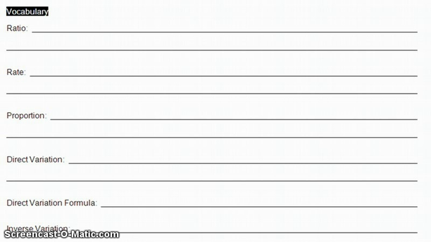All right, we're going to start this note-taking guide off with some vocabulary. So we're going to be talking about ratios. And what a ratio is, it is a comparison of 2 values with the same units.